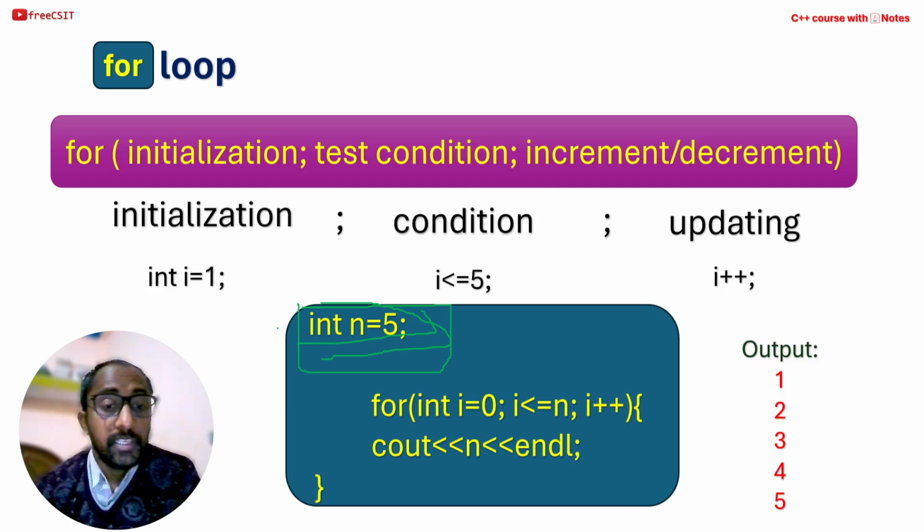I initialized i as 0, and then check its condition. Then it will go to its body, and after the body it will update the value. So I will show you it in practice.